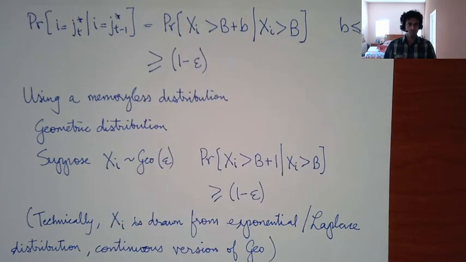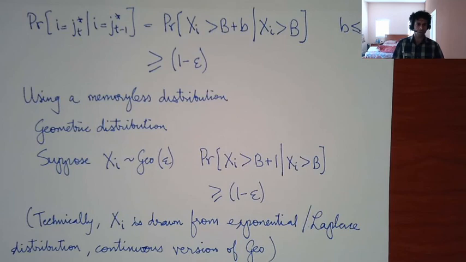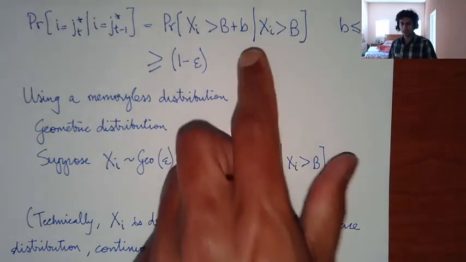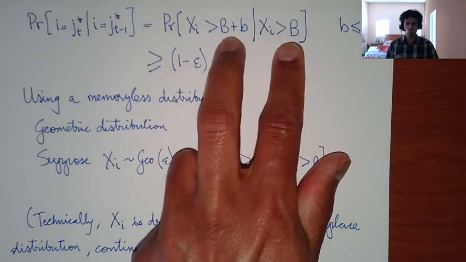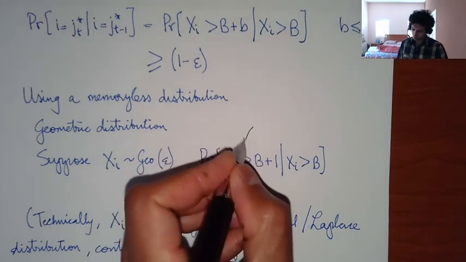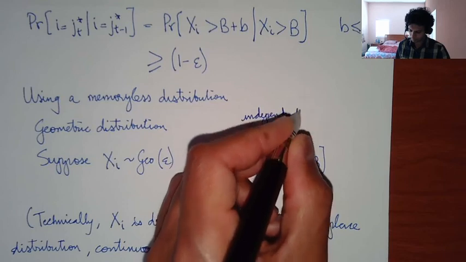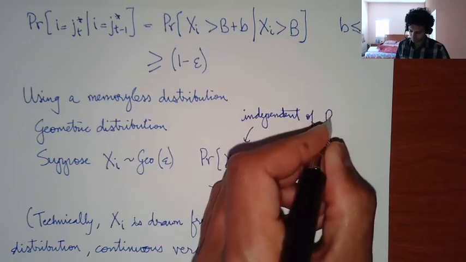Like you want to have these sort of conditional bounds that condition on xi being greater than b. What is the probability that it's going to be greater than b plus little b? And you'd like to have some dependence only on little b, independent of capital B. Right? So the point over here is that this is independent of capital B.